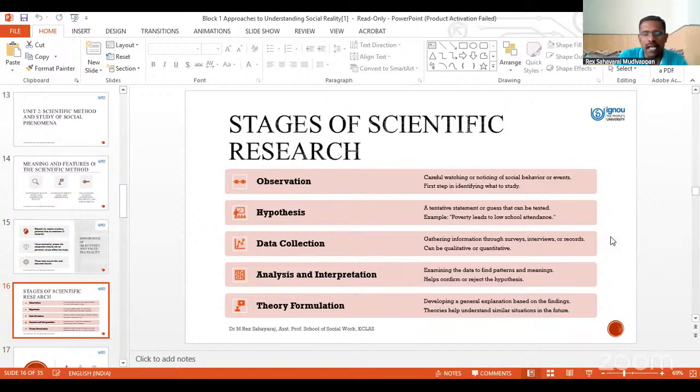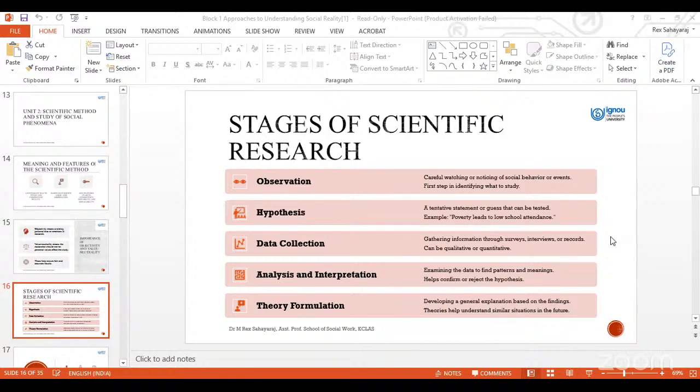Then the second thing is hypothesis. Any idea on hypothesis? What is hypothesis? Sir, is it imagination? This is a conclusion.